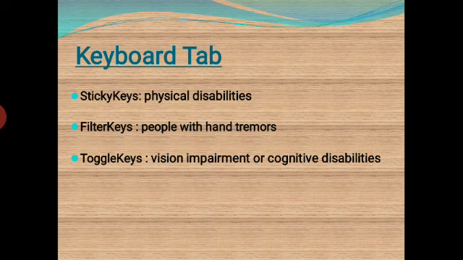Sticky key helps physically disabled people, whereas the filter key helps the people with hand tremor disability, and the toggle key is helpful for the vision impairment or cognitive disability.